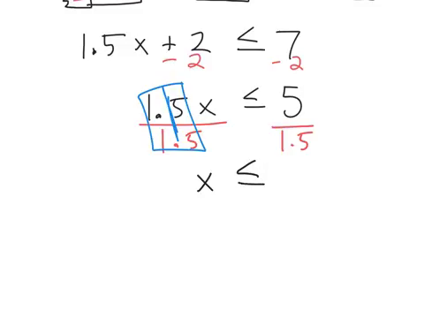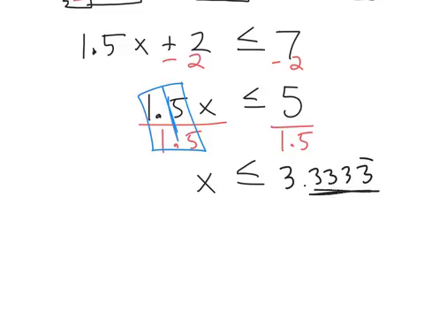The less than or equal symbol stays the same because we're dividing by a positive. Now I have to do 5 divided by 1.5, and oh my goodness, I get 3.3333333.